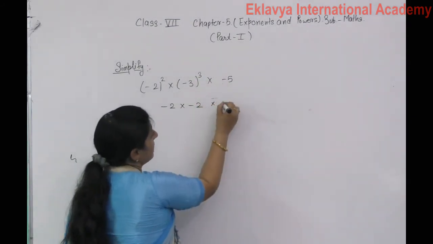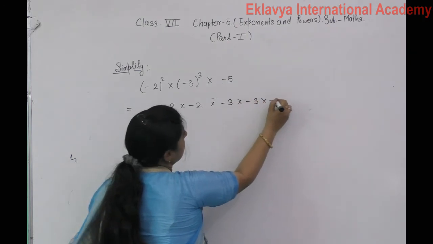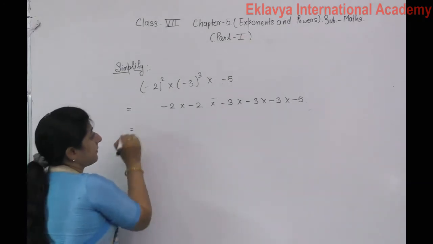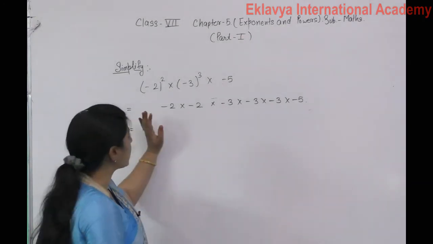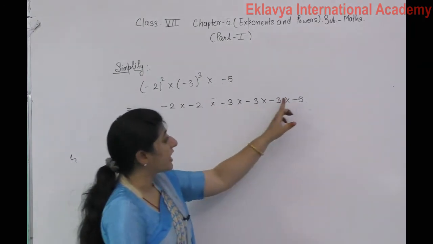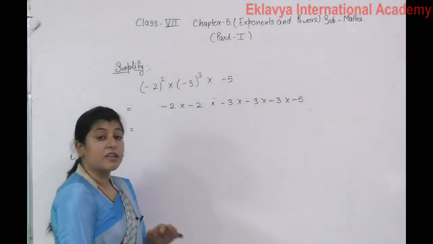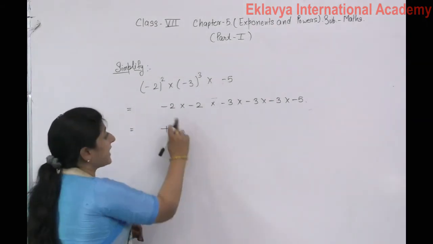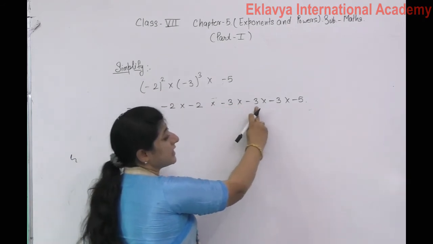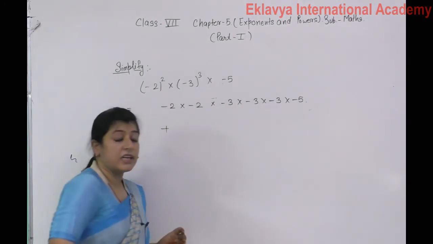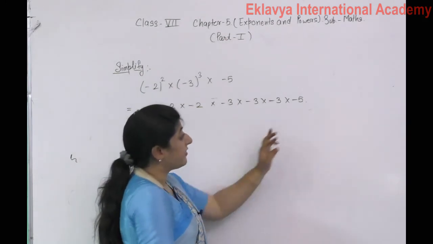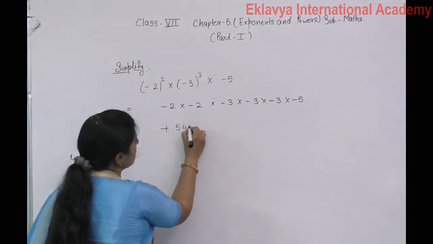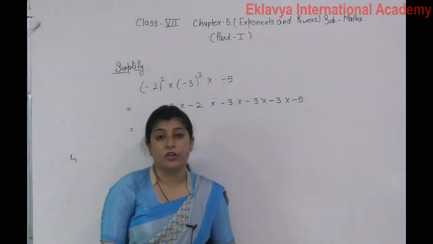Minus 3 power 3 means minus 3 into minus 3 into minus 3, into minus 5. Now see, firstly check the sign: 1, 2, 3, 4, 5, 6. It means minus with an even power, so we get a positive answer. Now 2 2s are 4, 3s are 12, 3s are 36, 3s are 108, 108 multiplied by 5 is 540. So our answer is positive 540.